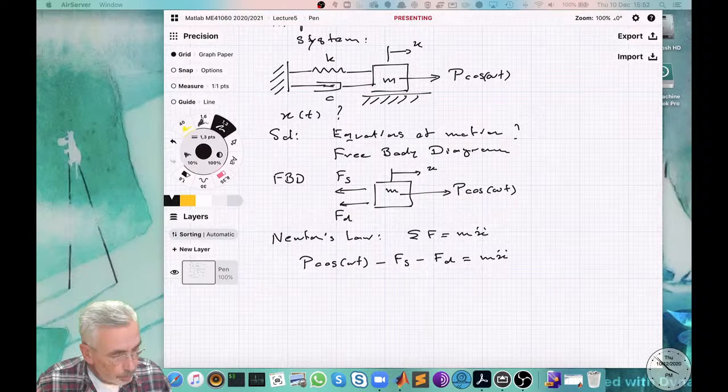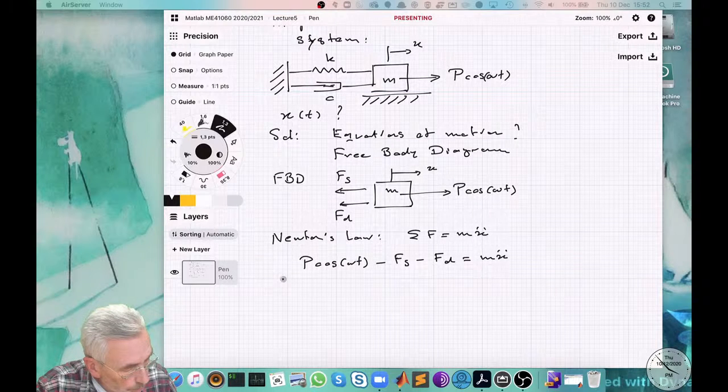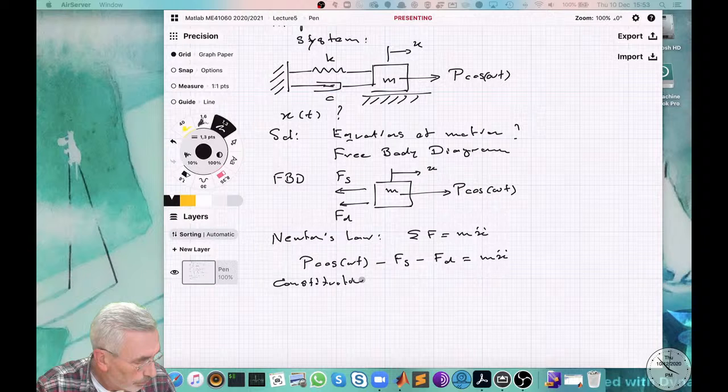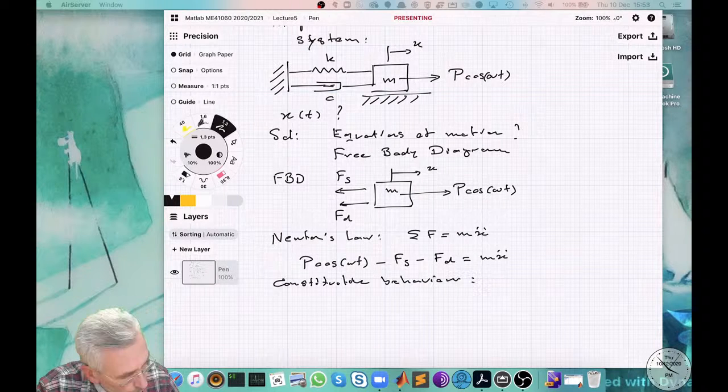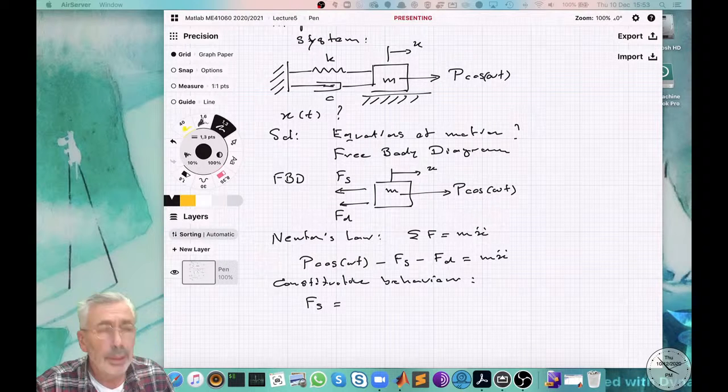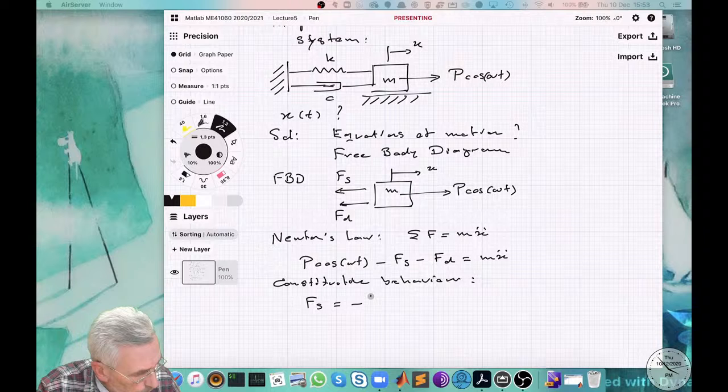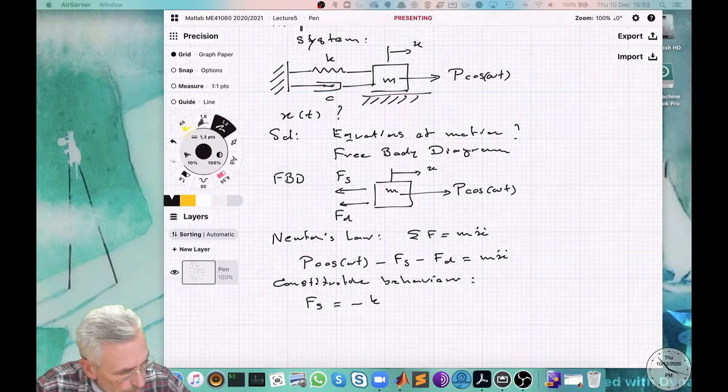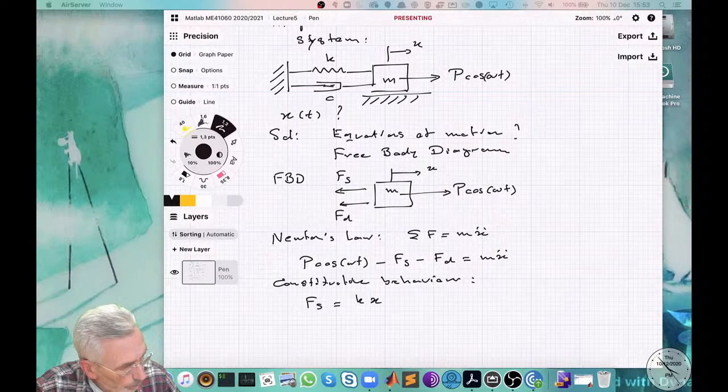So now we need some material behavior, some constitutive behavior, to say it in a very nice word, of the spring and the damper. Let's take a linear elastic spring. Spring force is k times x, and why is it not minus?